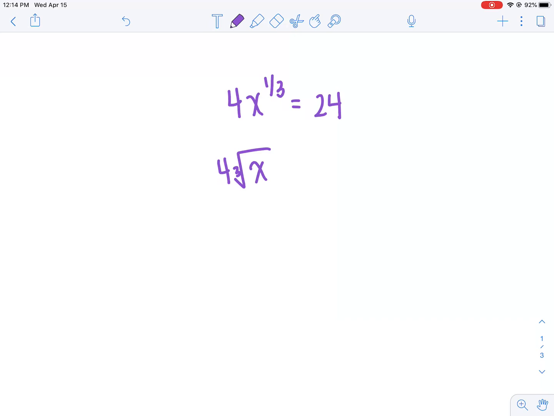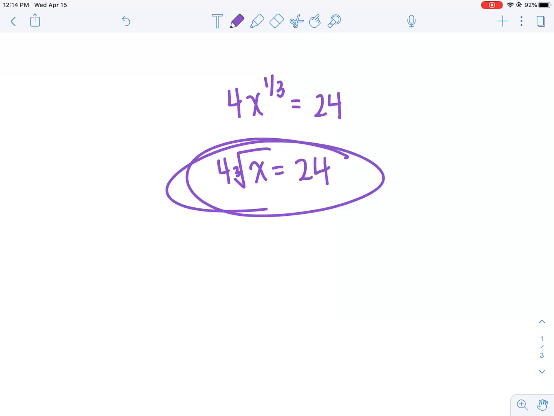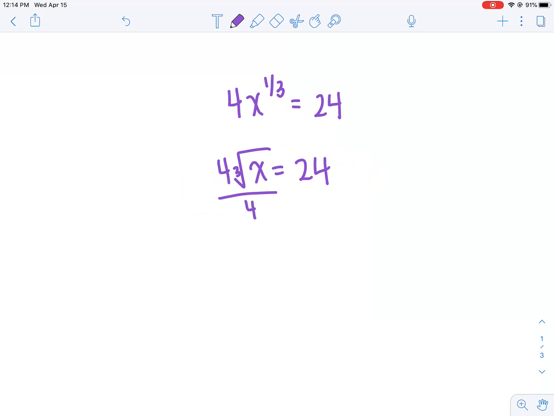So if you had, like I said, I'm making this up, 4x to the 1/3, and that equals, let's go with 24. That's saying 4 times the cubic root of x equals 24. If you look at it that way, then you would divide both sides by 4. So the cubic root of x equals 6.